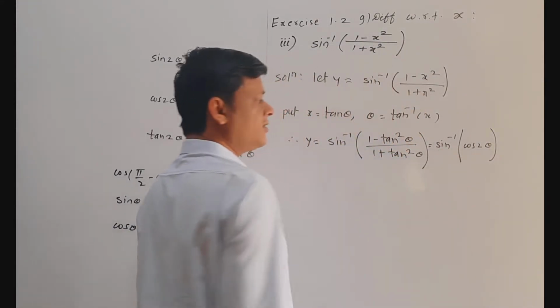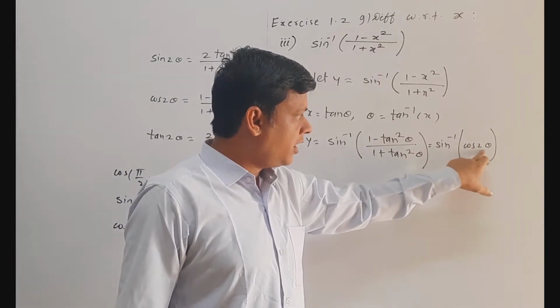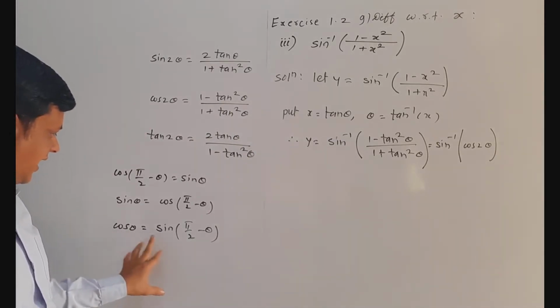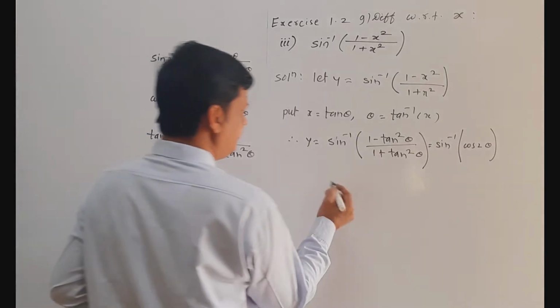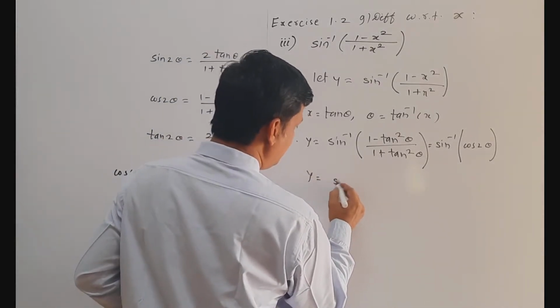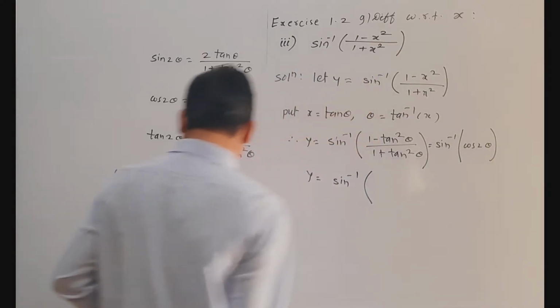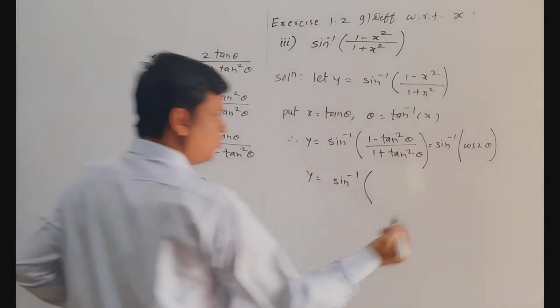But here outer function is sin, inner function is cos. So we have to convert this cos in terms of sin. For that cos theta can be written as sin of pi by 2 minus theta. So we write here y is equals to sin inverse of, now see here, in place of theta we have 2 theta.